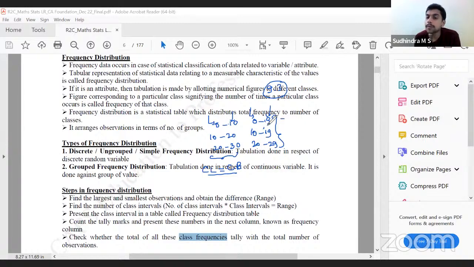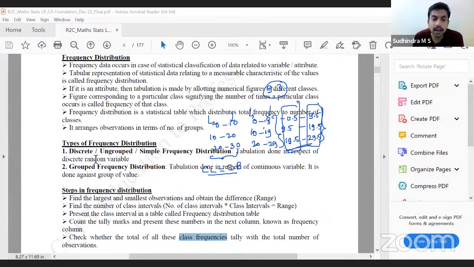To get the upper class boundary, add that d by 2 to the upper class limit, 9 plus 0.5, 9.5. 10 minus 0.5, 9.5. 19 plus 0.5, 19.5. 20 minus 0.5, 19.5. 29 plus 0.5, 29.5, and so on. These are the class boundaries. These are lower class boundaries. These are upper class boundaries. Understood? Yes, sir.